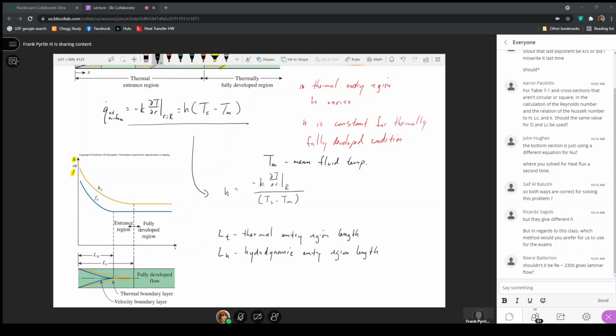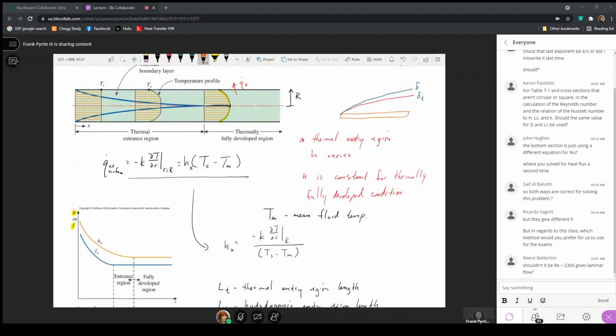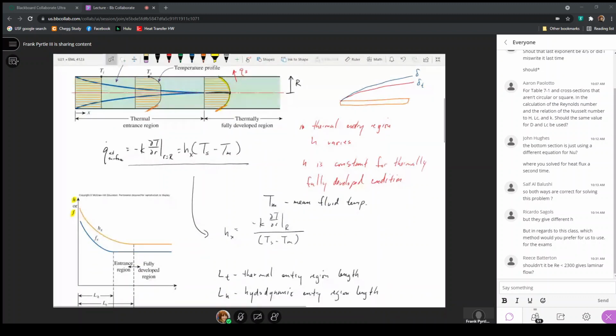To make this specific, I'll make this h sub x, because dT/dr, which is a slope here, changes along the length of the pipe inside the thermal entry region. But then it becomes a constant because the shape of this profile becomes constant once we get to the thermally fully developed condition. So the local value of the heat transfer coefficient is equal to minus k dT/dr at r equals R, divided by Ts minus Tm.